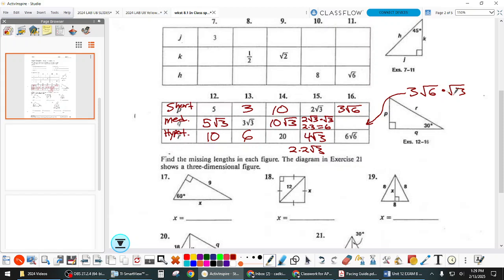Because these are both square roots, we can multiply inside as long as they're both square roots, which these will always be. So this would be 3 root what? 18. But we can simplify the 18. What can we split 18 into that we can square root? 9 and 2. And what's the square root of 9? 3. So 3 times 3 root 2. So this whole thing becomes 9 root 2. Okay?